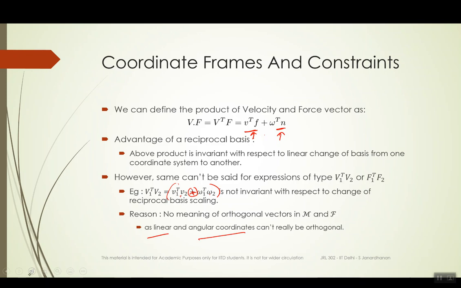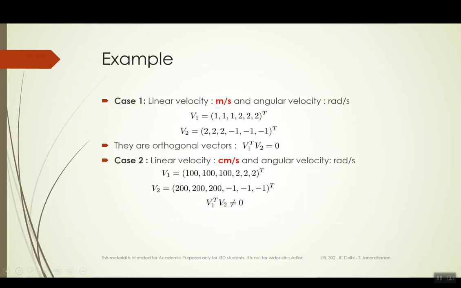So what we want to do is change the way this is done. To explain the orthogonality condition not making sense, you are expressing two vectors in the same space. In the first case, the angular component is written in radians per second and the velocity component is written in meters per second.